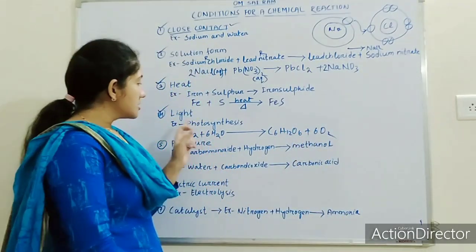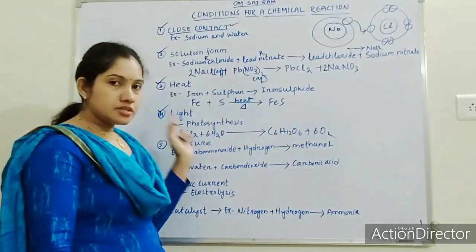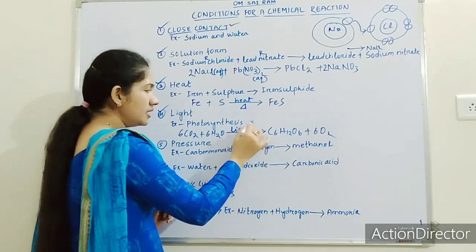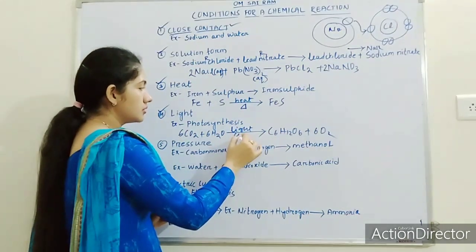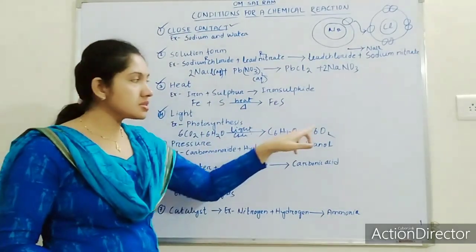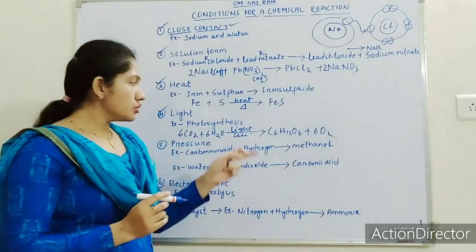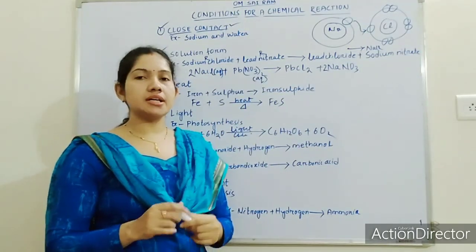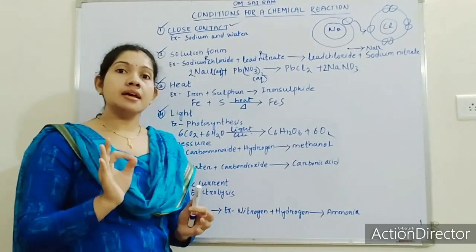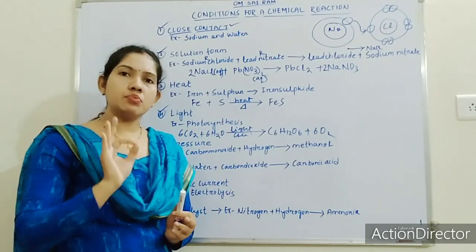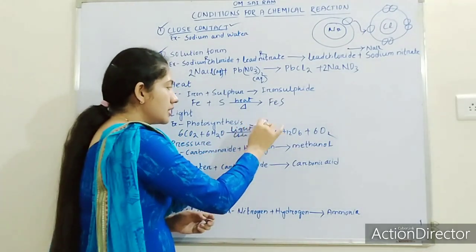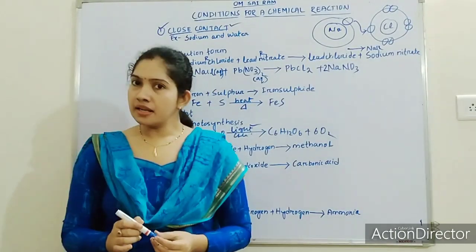Is it 6 carbon dioxide, 6 water in presence of light and chlorophyll? In presence of light and chlorophyll, it forms glucose and it will release oxygen. So here the very simple example we can take is photosynthesis. Light is playing a very important role. Remember, without light photosynthesis cannot take place.